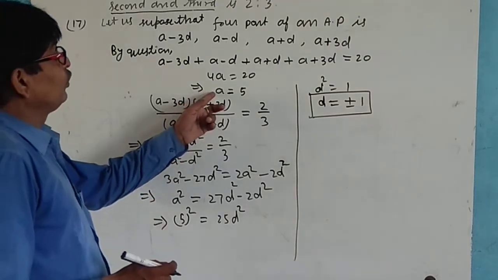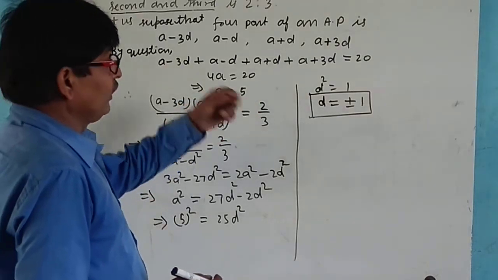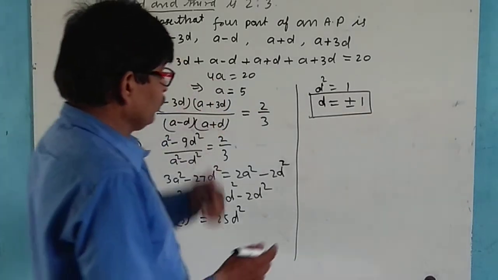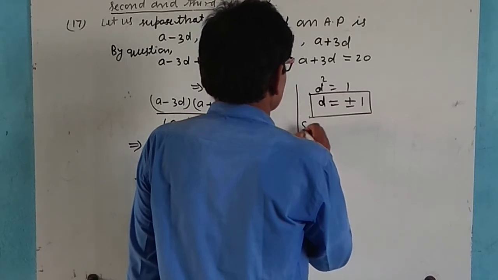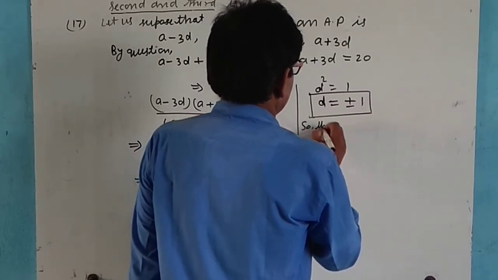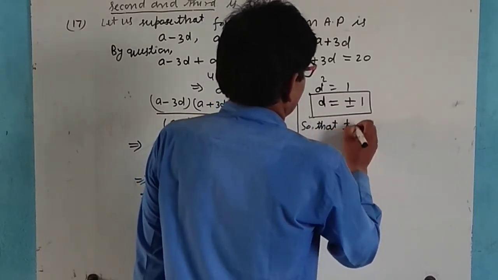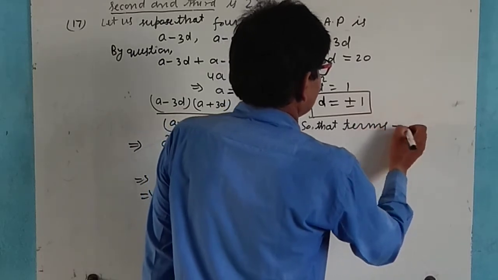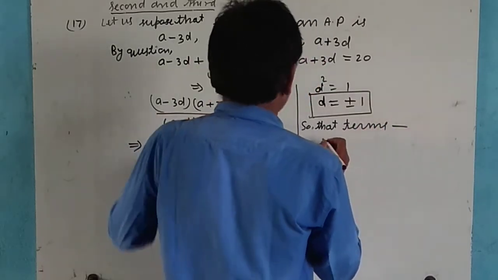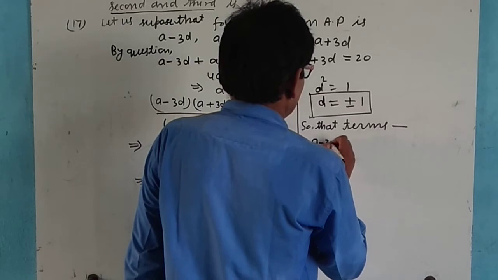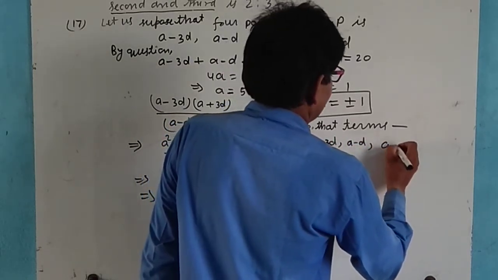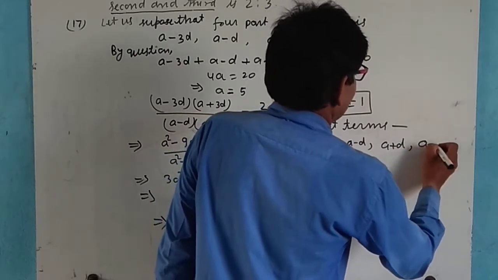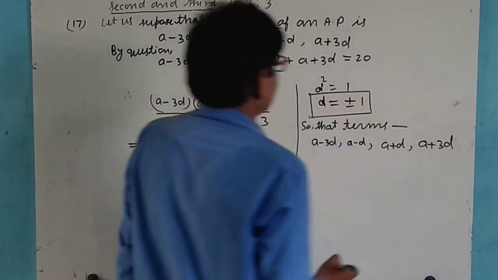And A is also calculated here, so the terms will be A minus 3D, A minus D, A plus D, A plus 3D.